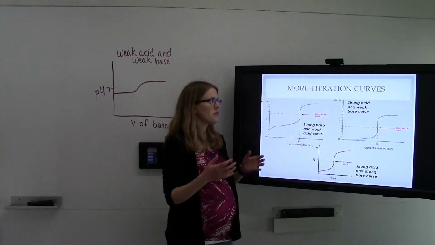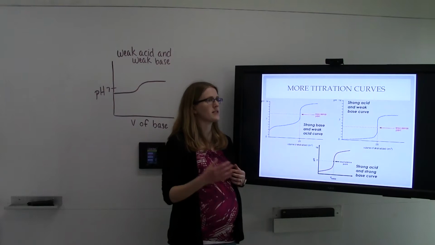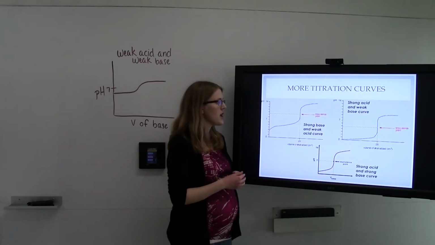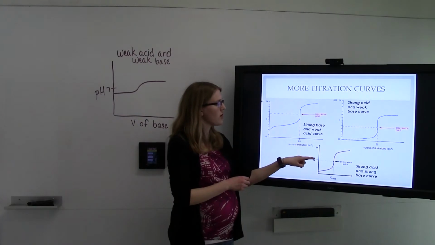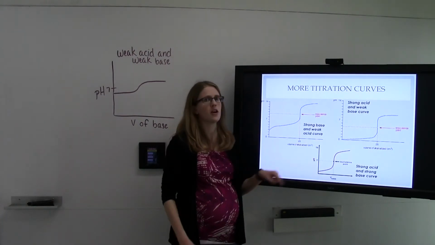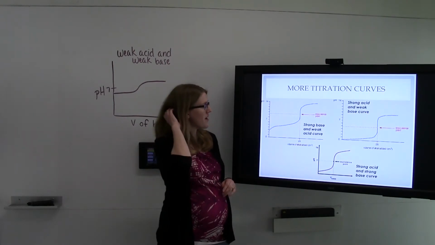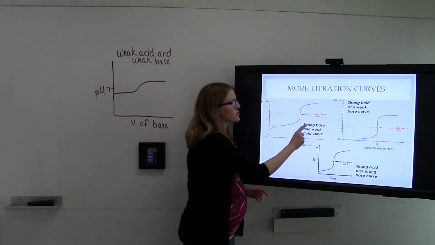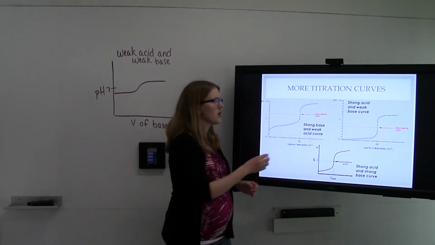Now, you should have been working on already learning and memorizing those strong acids and those strong bases as well as the weak acids and bases. So you should be able to look and see exactly which one would have which equivalence point. If you've got a strong acid and a strong base, you're going to have a pH of 7 right at the equivalence point. So for my academic students, the best way to remember this is you've got a strong base with a weak acid. Think about which one's stronger, the base.